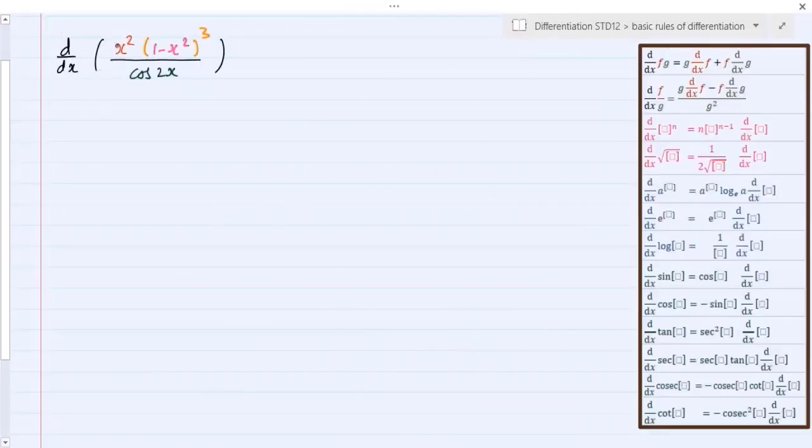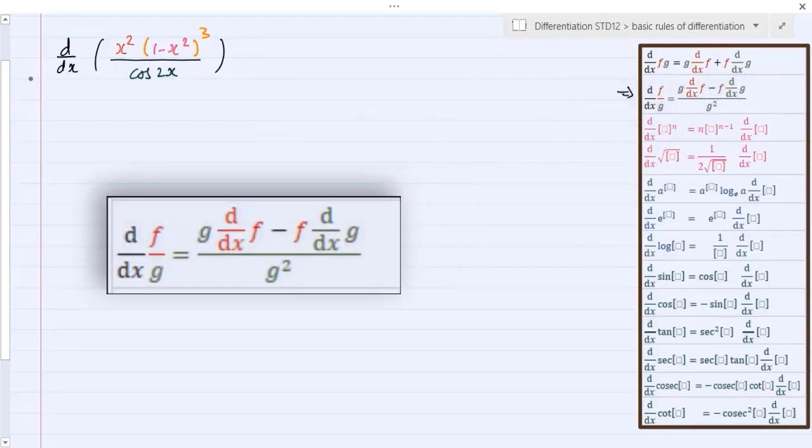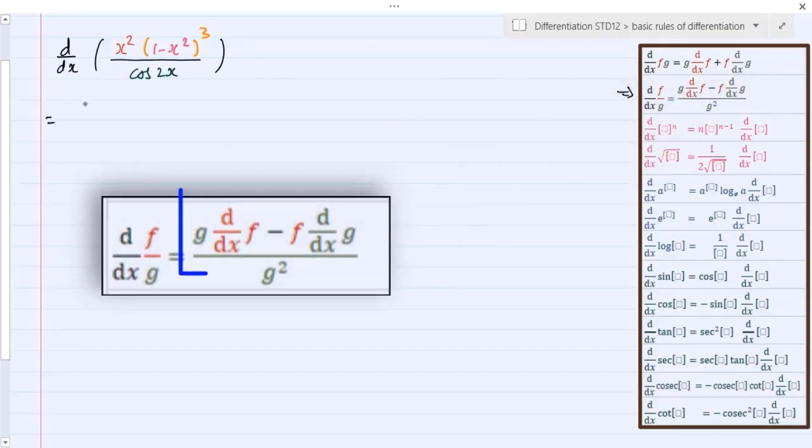Here we have to differentiate x square into 1 minus x square the whole cube upon cos 2x. First of all, we have ratio of functions, so let's apply division rule. In first step, your denominator, which is cos 2x, will be as it is.